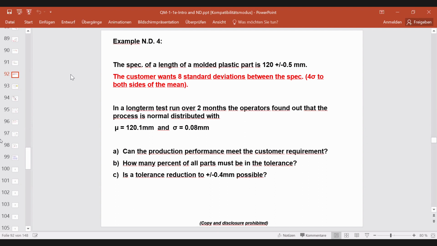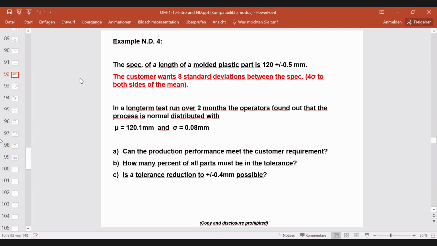The customer wants 8 standard deviations between the tolerance limits. So this means 4 sigma to the right side of the mean and 4 sigma to the left side of the mean, which means 4 sigma to both sides of the mean.